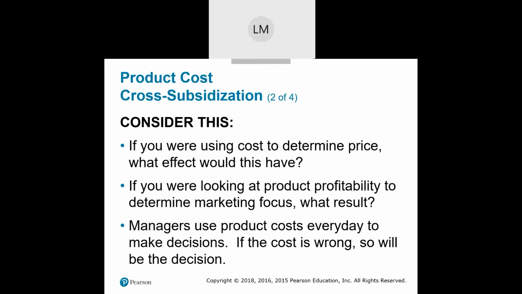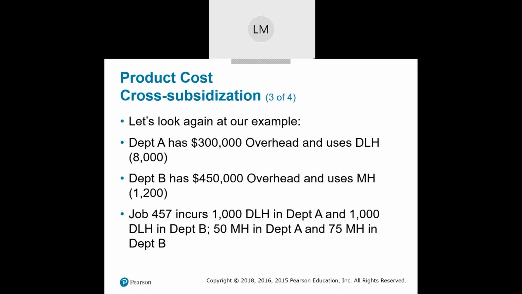If I'm using cost to determine a price, what effect would this have on our decision-making process? Now, managers use product costs every day to make decisions, so if the cost is wrong, then it stands to reason that our decision is going to be wrong, because if the foundation of our decision-making is based on product costs and those product costs are wrong, then our decision-making will be wrong and we won't even know it. And that could cause us to lose money, or it could cause us to price our product out of competition to where no one's going to consider us.